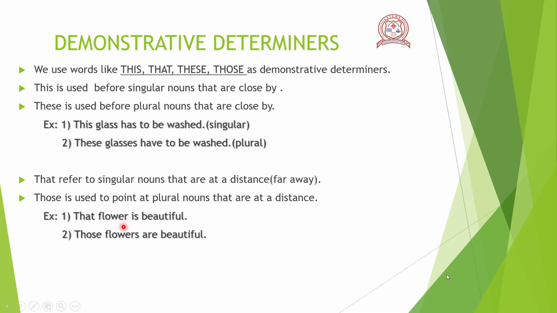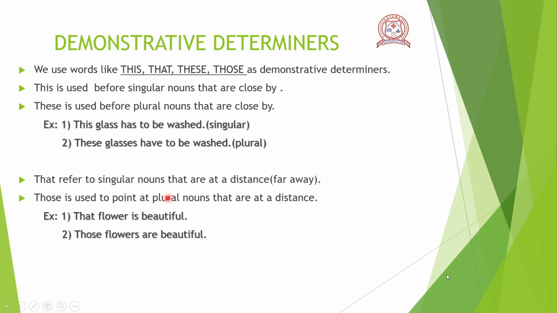The flower the speaker is seeing is a little far away from where he is standing. So that is why he or she is saying that flower is beautiful. Now coming to the next example, those flowers are beautiful. Why did he say those flowers are beautiful? Because flowers are plural, and those is used to point out a plural noun that is at a distance. So those flowers are beautiful.